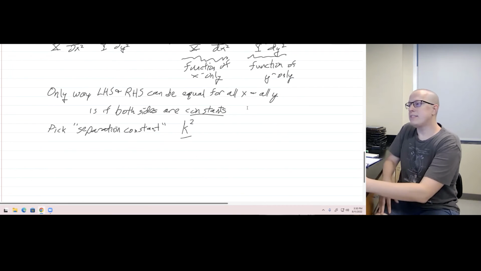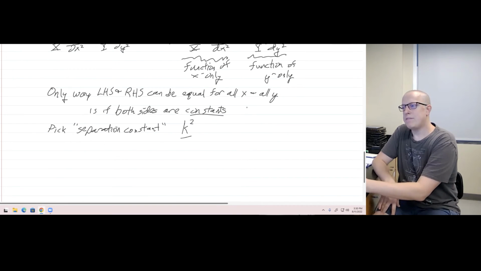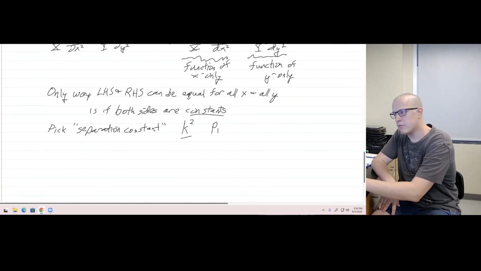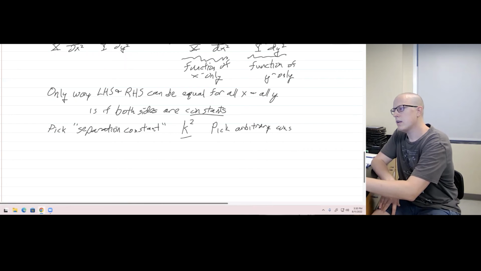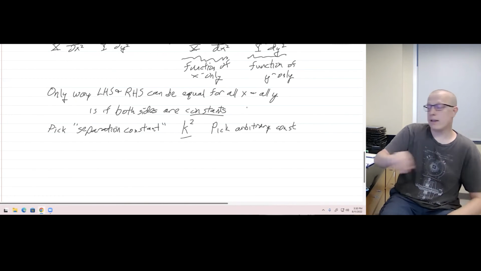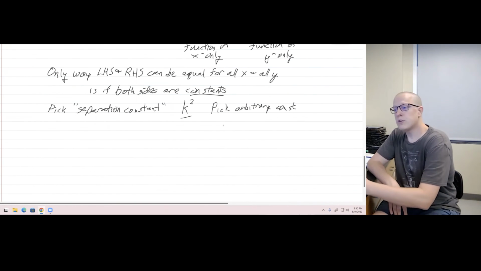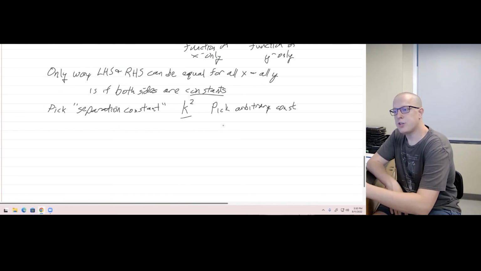So what this tells me now is the left-hand side and the right-hand side are both equal to k squared, right? I just sort of picked this at random. Or I should say, I'm picking this arbitrary constant. So at some point later on, we're going to have to solve for k. But for now, we don't know what it is. So now what I end up with is two equations.